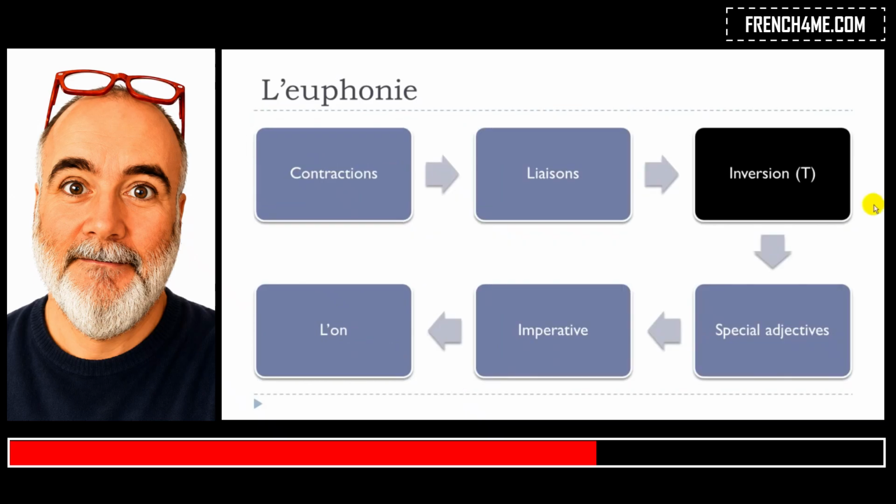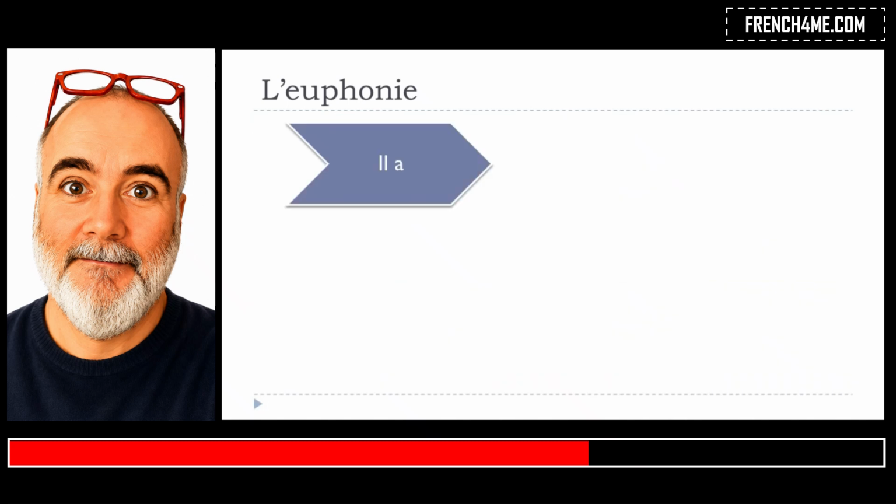So let's see now what we call l'inversion, and then you can see here the letter T, okay? So l'inversion, so normally remember when you construct a sentence, you've got first the subject, then the verb, okay? So il a. And then if you want to ask a question, normally we should change the order and put first the verb, then the subject, okay?